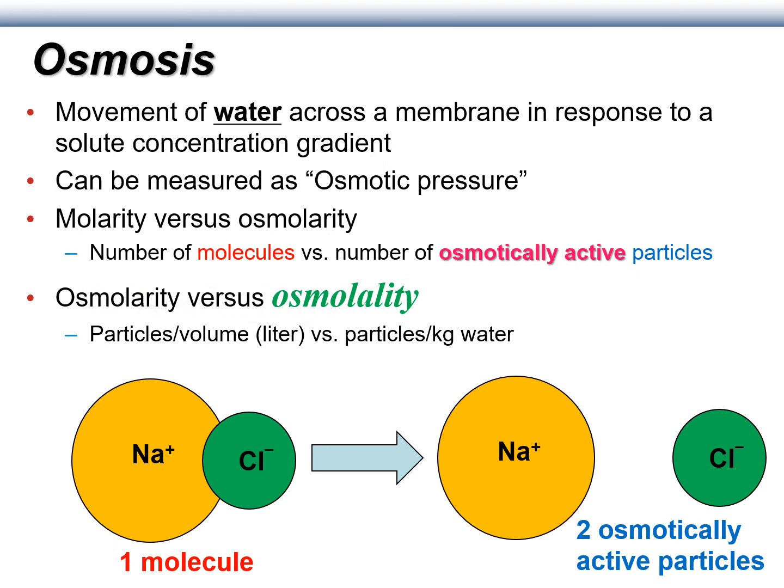Here near sea level or within the realm of human existence, most of the time those are the same. But if you're near boiling or something like that, osmolality can change. So it's particles per volume is osmolarity, like number of particles per liter. That's Avogadro's number. Osmolality would be particles per kilogram of water, and under standard temperatures, a liter and a kilogram are synonymous.